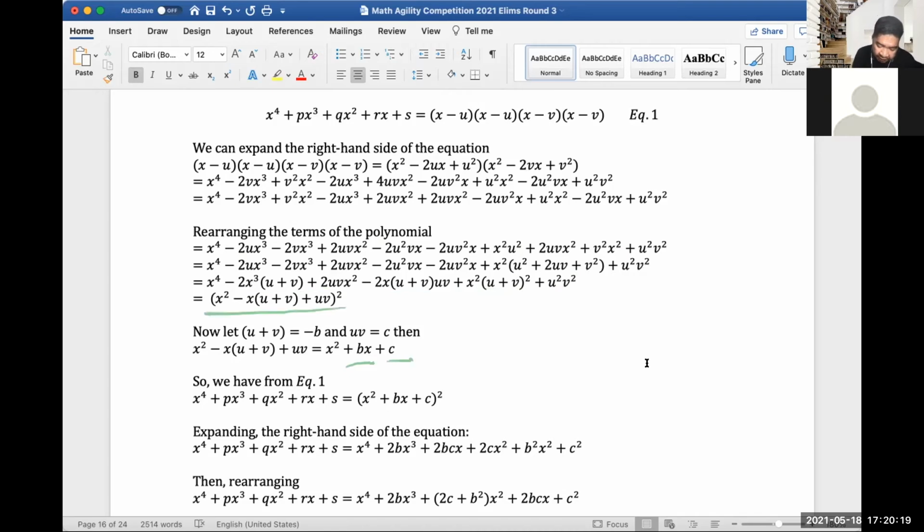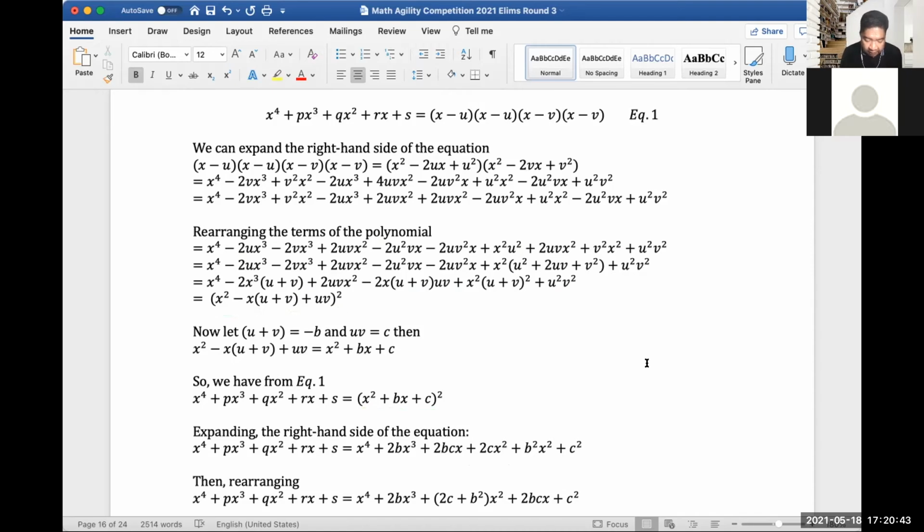So, and that becomes x squared plus bx plus c quantity squared. So again, if we expand the right-hand side of the equation, we will be able to get x to the fourth plus 2bx cubed plus 2bcx plus 2cx squared plus b squared x squared plus c squared, right?